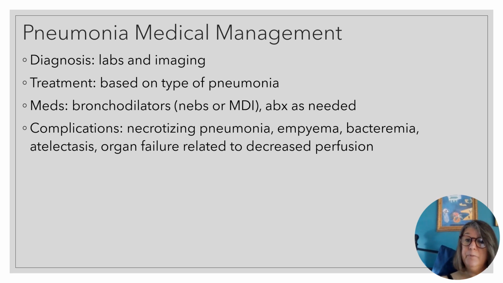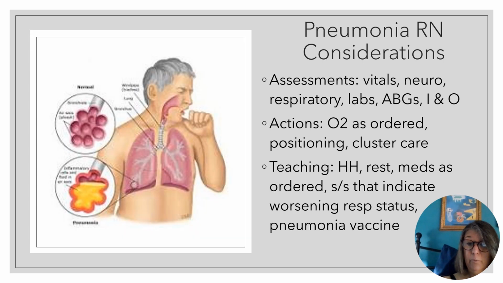Bacteremia, the bacteria can get into the bloodstream. Atelectasis, your little alveoli can collapse on you. Organ failure, due to decreased perfusion. Our body needs a certain level of O2 to maintain functioning. Without that level of O2, the organs may just shut down, and that's a whole other problem, right?